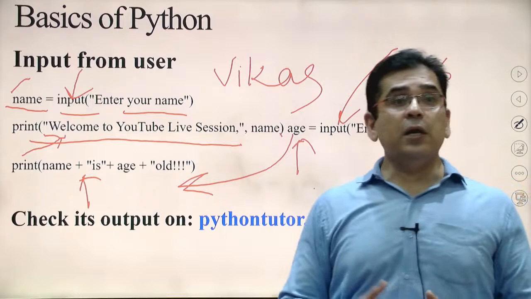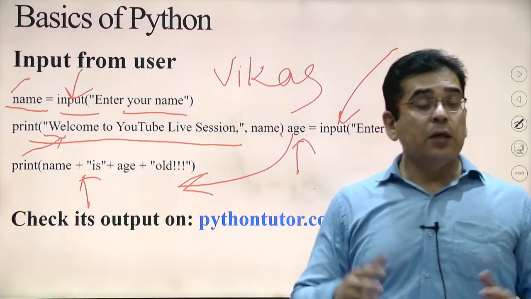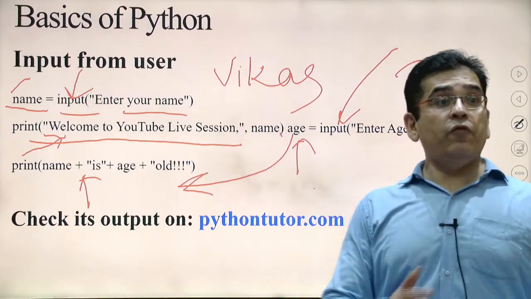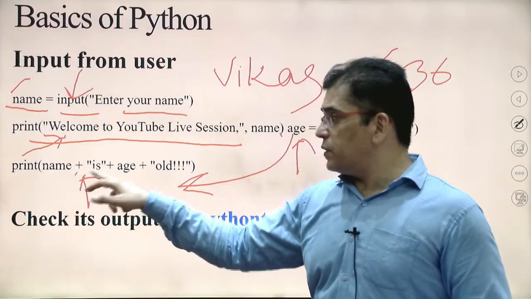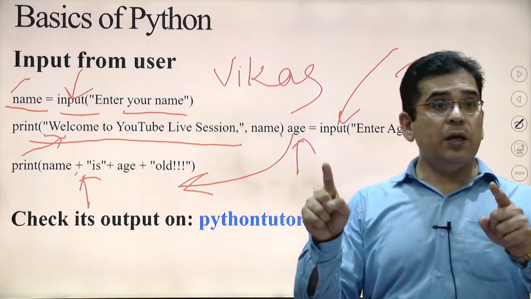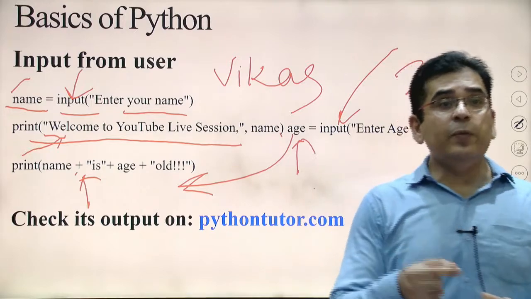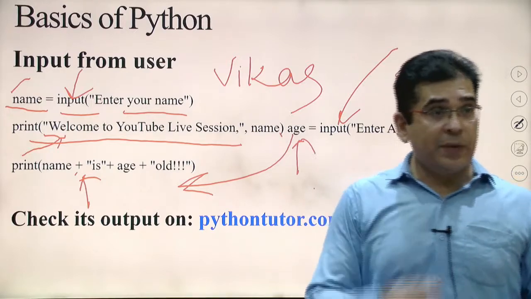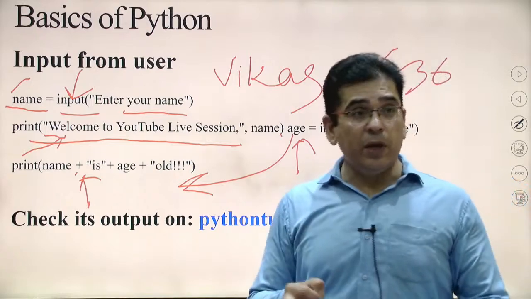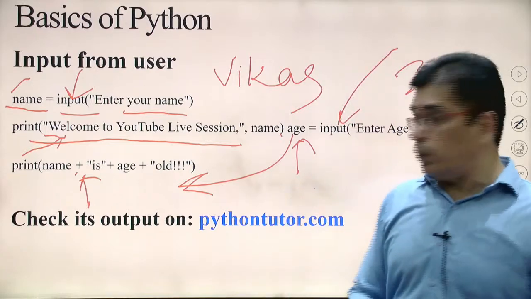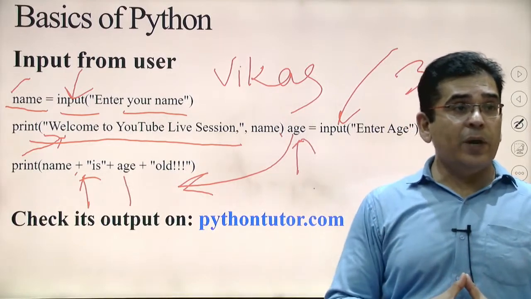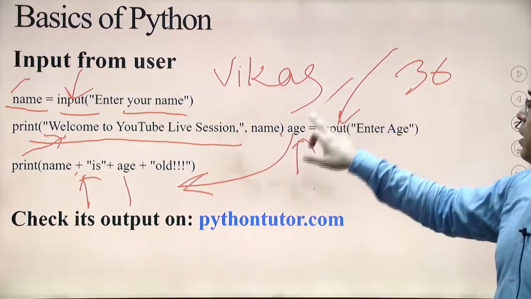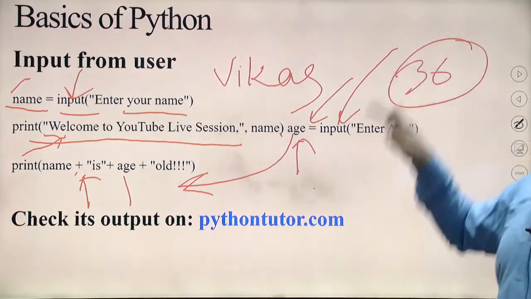This operator is used to concatenate the input variable with the static string, like name plus is. Is is written in inverted commas, so it will be treated as a simple text message, not any variable which is storing any output. Then age is not written in any inverted comma, so it is the variable in which I have given the value 36.